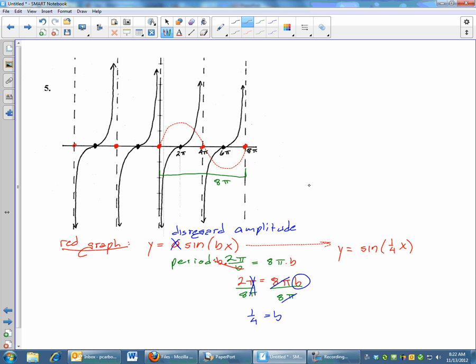Now the thing is, that's my red graph. Now to get the black graph, we have to decide is this tangent or cotangent or what's happening. The shape of it looks like a tangent graph, because tangent, if you remember, starts low and goes up high. But the problem is my sine graph is determining the asymptotes, which means sine is what's going to be on the bottom of the black graph.